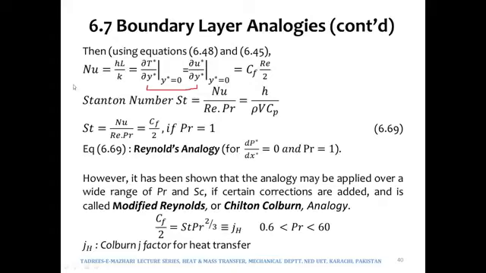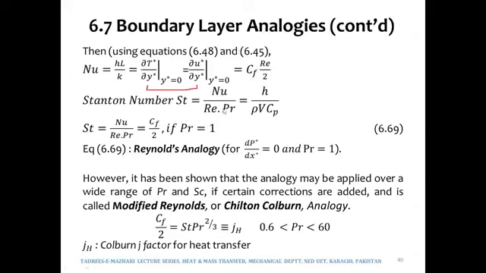Now after discussing so many dimensionless numbers, we have discussed Reynolds number, we have discussed Prandtl number, we have discussed Nusselt number. Now we are going to introduce one more dimensionless number, which is called Stanton number. This Stanton number is a ratio of Nusselt to the product of Reynolds and Prandtl.